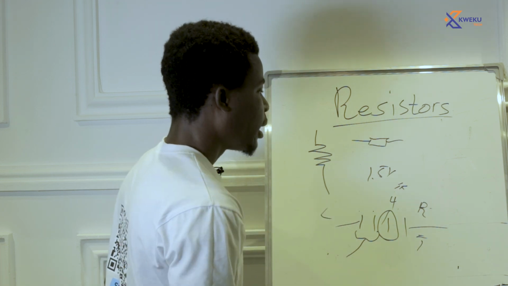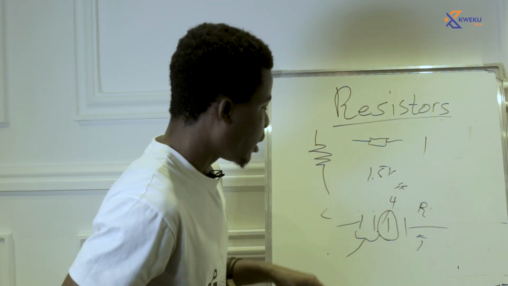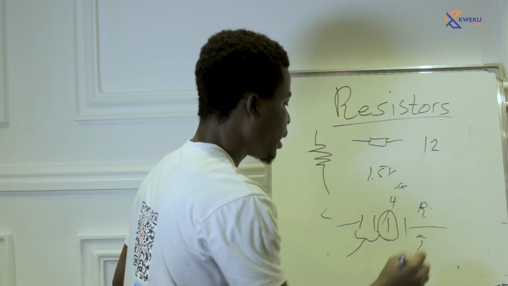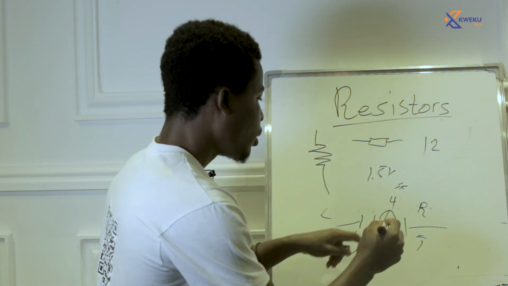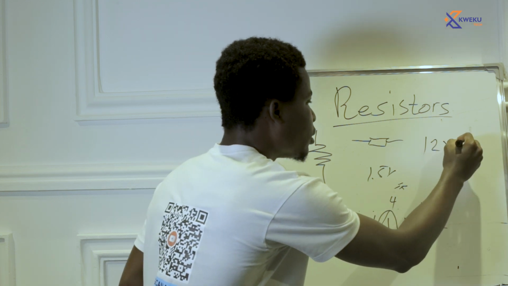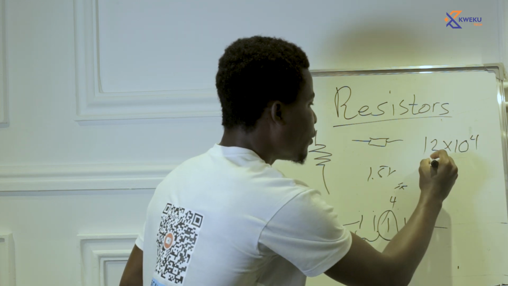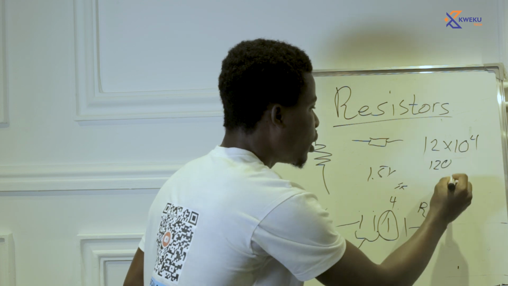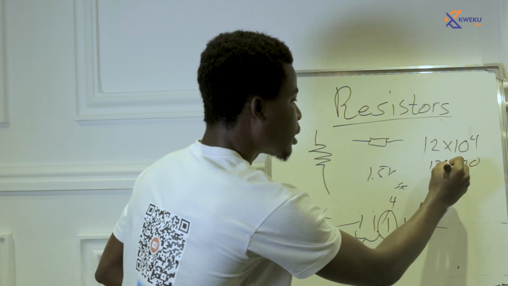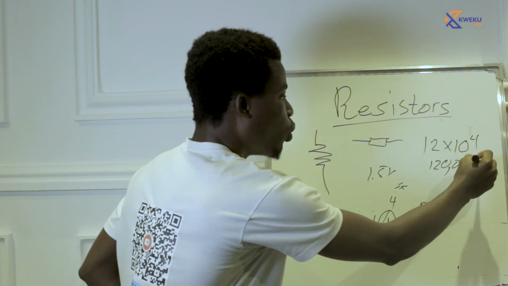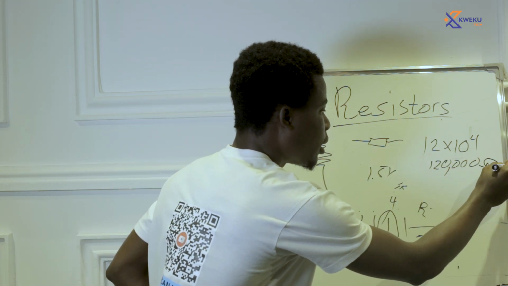The first band indicates the number 1, the second indicates the number 2, and the third is the multiplication factor. So if it is 4, it is times 10 to the power 4, which will give us 120,000 ohms.